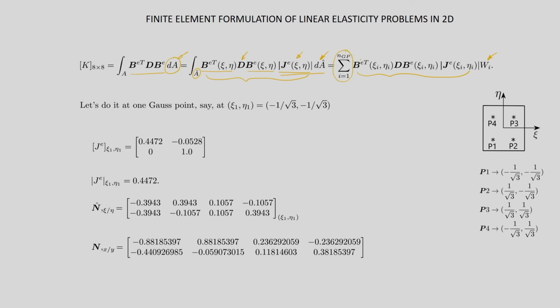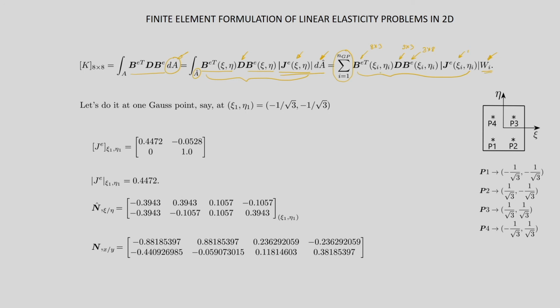So, in this case if you look at B, it is of size 3 by 8, so B transpose is of size 8 by 3, D is of size 3 by 3 and B is again of size 3 by 8, and the determinant of the Jacobian is a scalar and the weight is also a scalar.